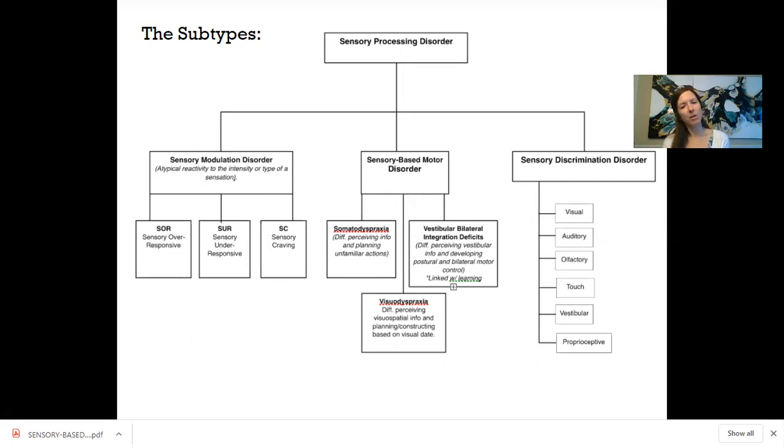That one's a little hard to see at a very young age. Some of these things are easier to tease out as kids get older into school age, so that's important to know too. And then you have sensory discrimination disorder, which is very specific challenges with specific types of sensory input. Okay.